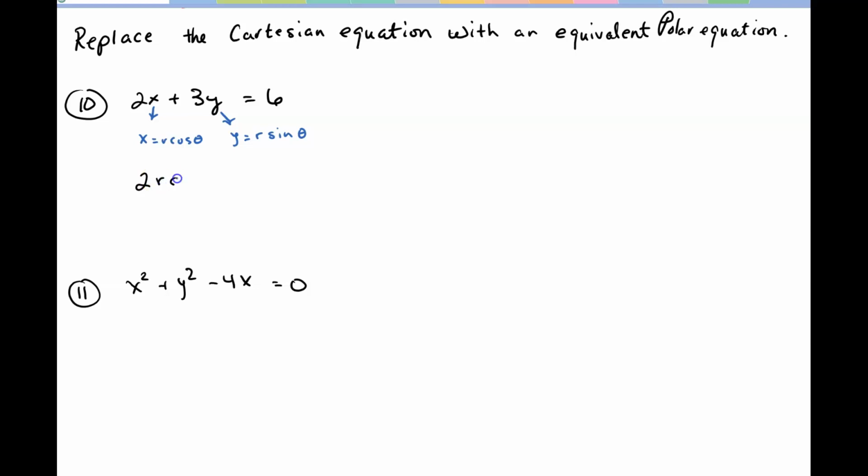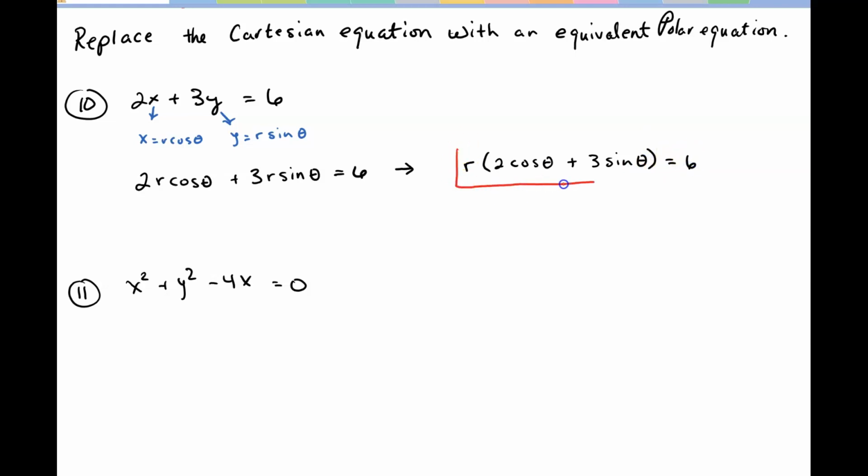We're going to say 2r cosine theta plus 3r sine theta equals 6. Now we're basically done. The only other thing I might suggest is to factor out the r, and that will give you r times 2 cosine theta plus 3 sine theta equals 6. But otherwise, you're good to go. So we'll box this right here as our answer.